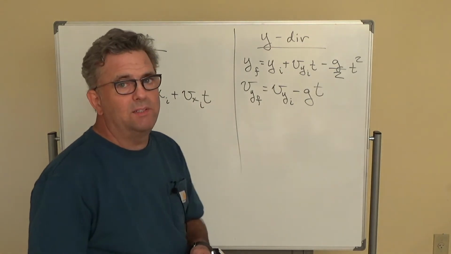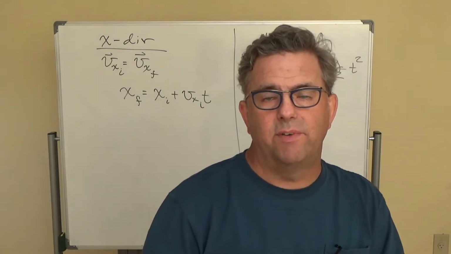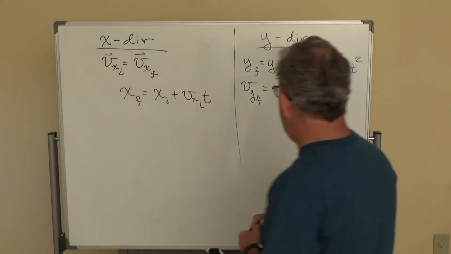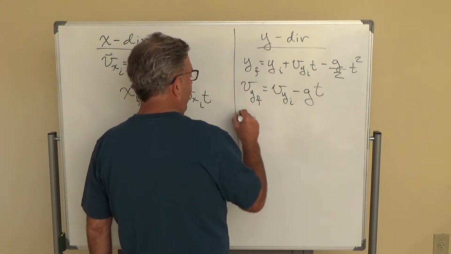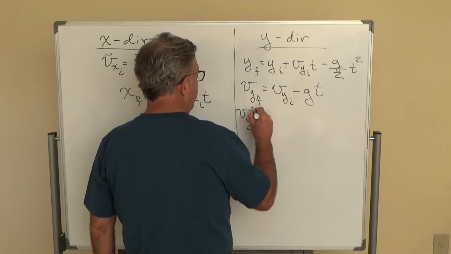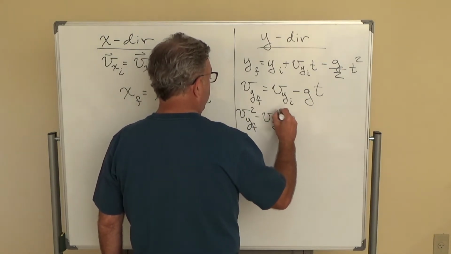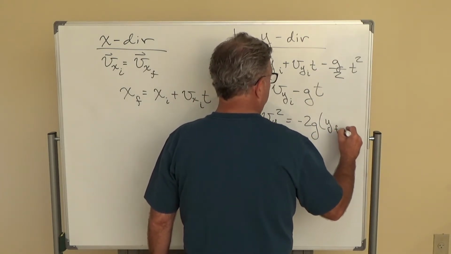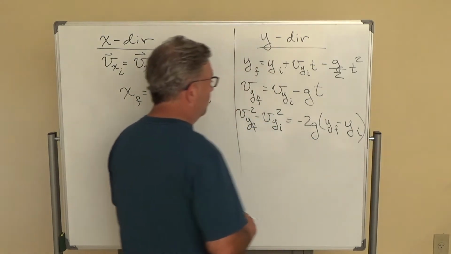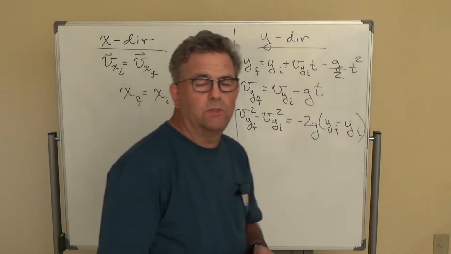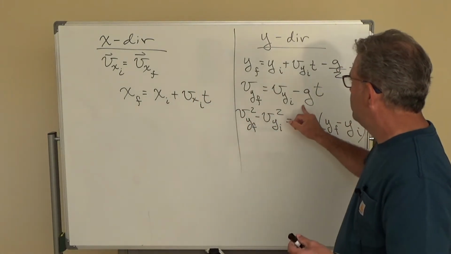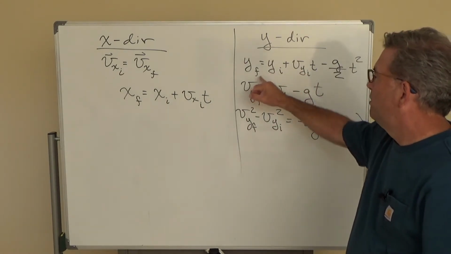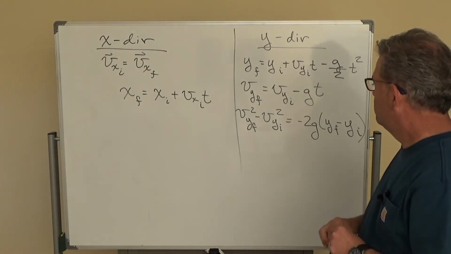That's the equation that relates that acceleration due to gravity with the velocity, okay? Also, you may be able to use that Vy final squared minus Vy initial squared is equal to minus 2g times y final minus y initial. We had all these. These are those free fall equations, okay? So this is the one that deals with acceleration. This is the acceleration, initial velocity, position equation, all right?